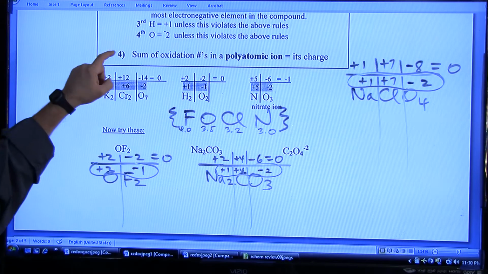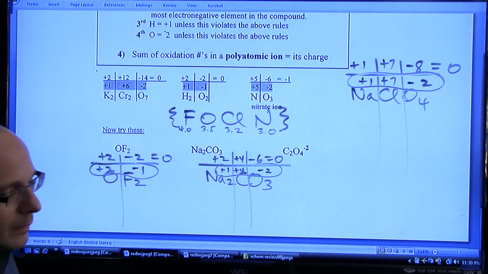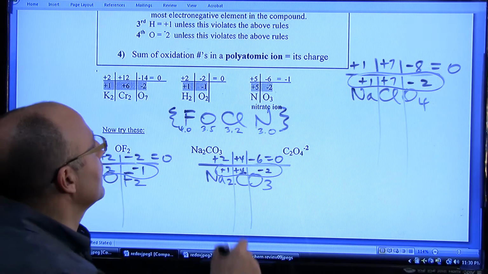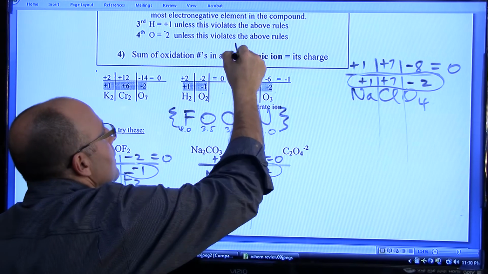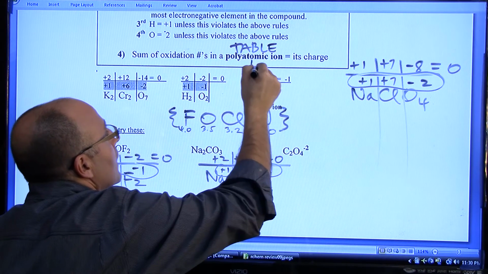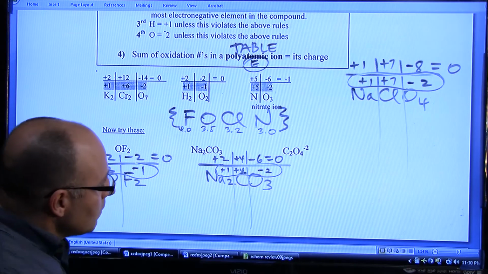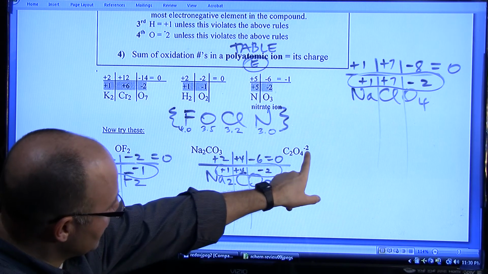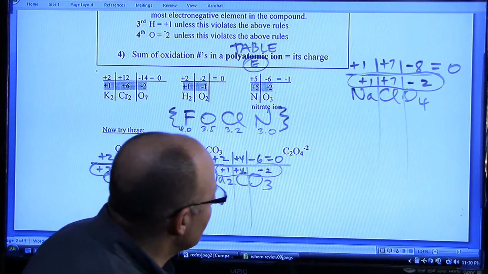And now here's the fourth guideline that I told you about: the sum of the oxidation numbers in a polyatomic ion. So we're looking at, in this case, table E, in case you forgot. So C2O4, the sum, as you can tell, it's an ion because of its charge, has to be -2.